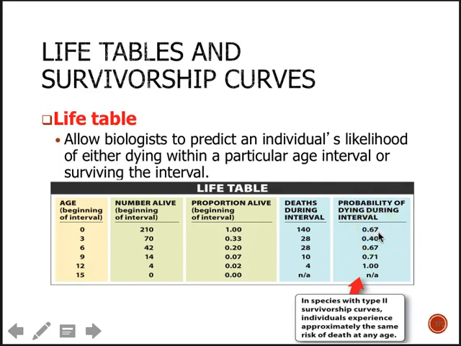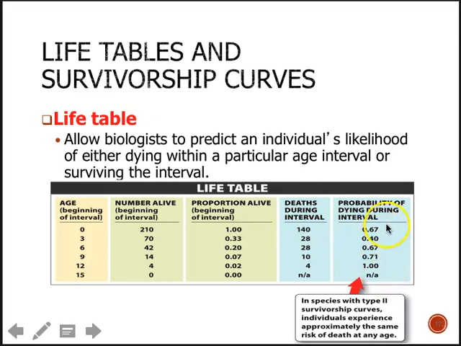So you've got a 67% chance of dying if you belong to this species. And then the next age interval is age 3. So skipping ahead 3 years, you've only got 70 individuals in the population. That's 210 minus 140, which gives you 70. The proportion alive is now 33%. Another 28 of them die, which turns out to be right around 40% of them dying.